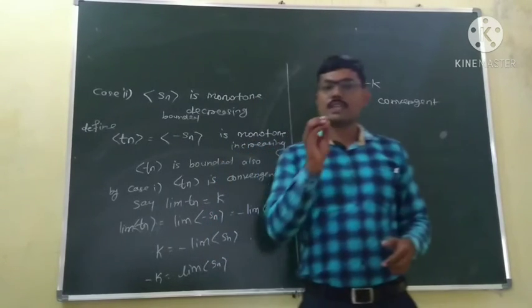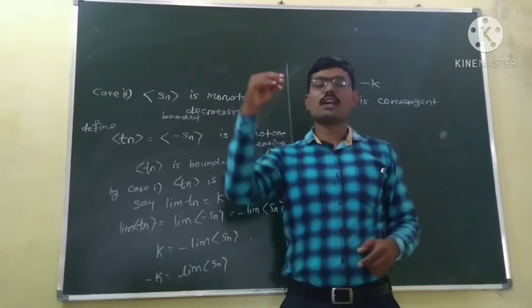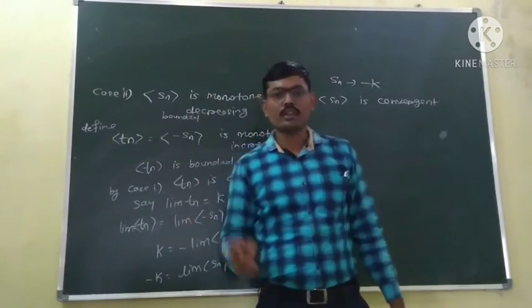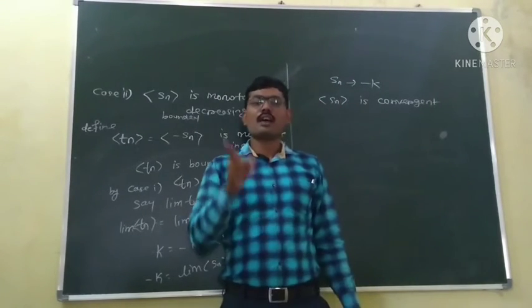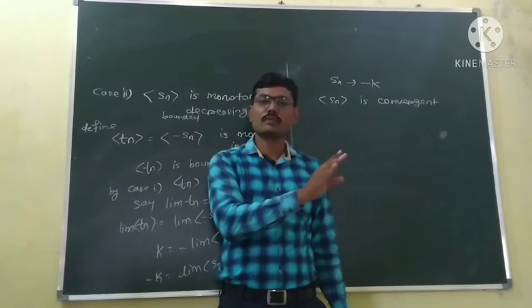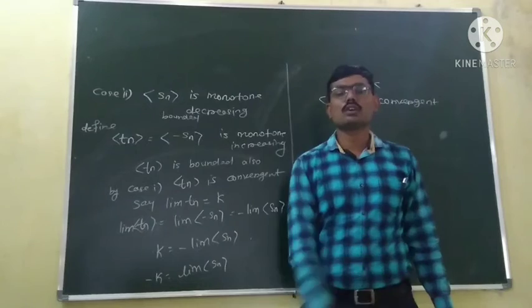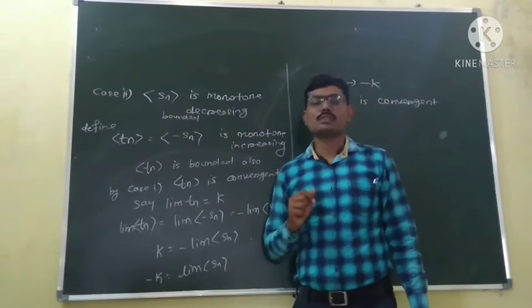Moreover, if a sequence is monotonic increasing and bounded above, then it converges to its least upper bound. And if a sequence is monotone decreasing and bounded below, then it is convergent and converges to its greatest lower bound. This is one very important criterion of convergent sequences.